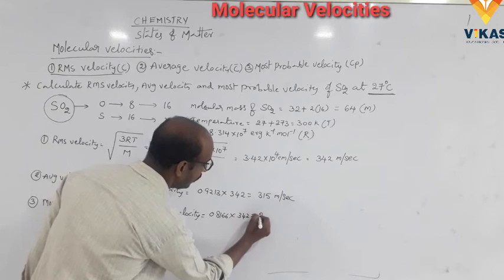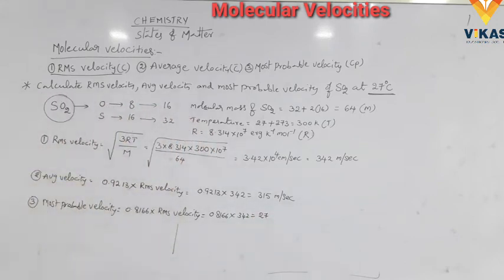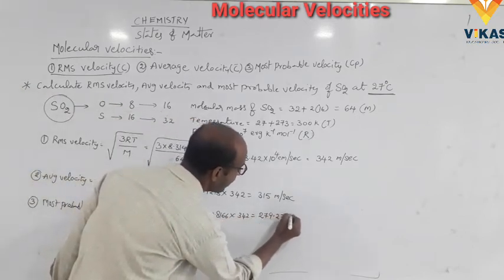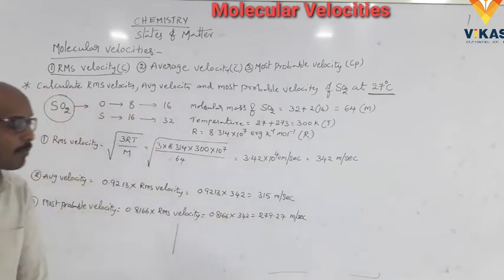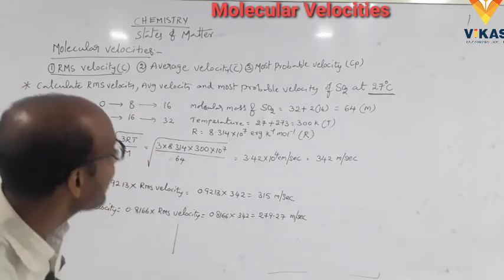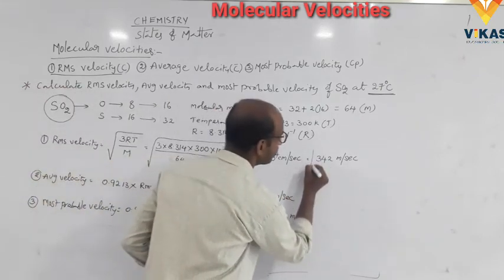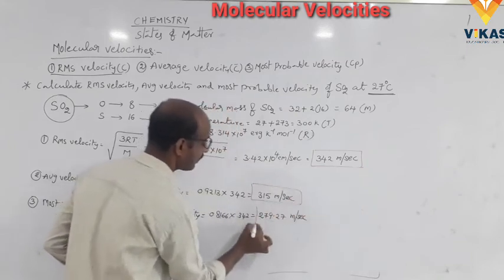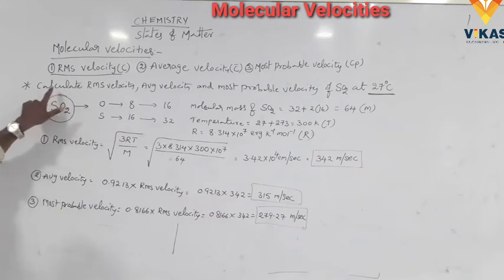We get 279.27 meters per second. That is the calculation. These are the three values: RMS velocity, average velocity and most probable velocity. Clear? Once again I will repeat it.